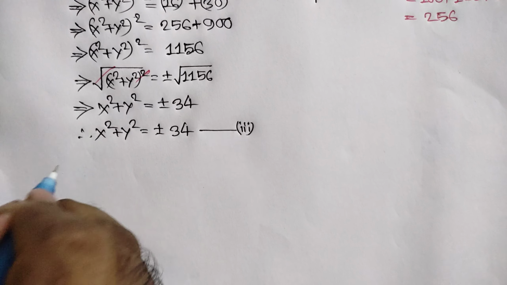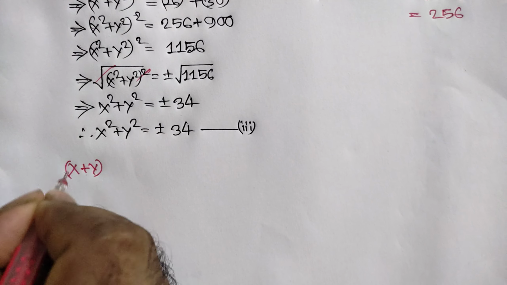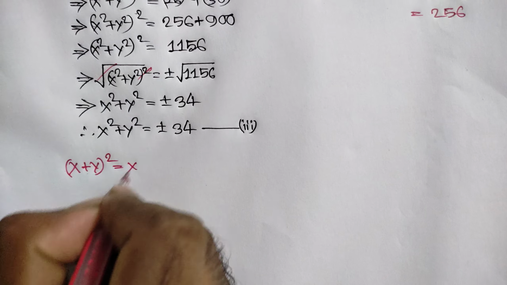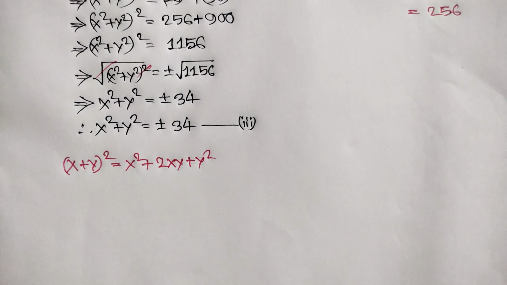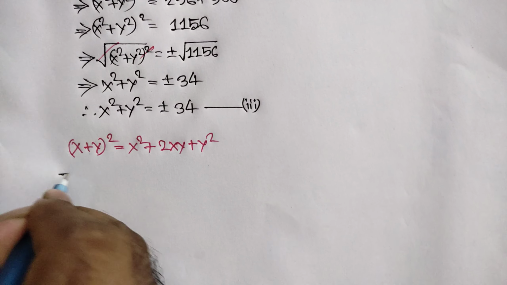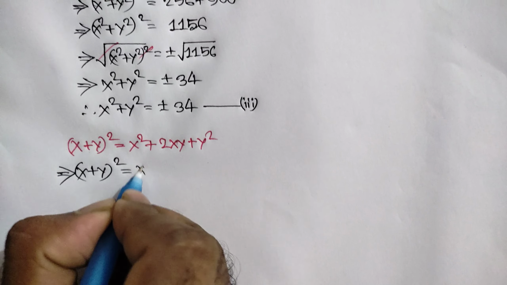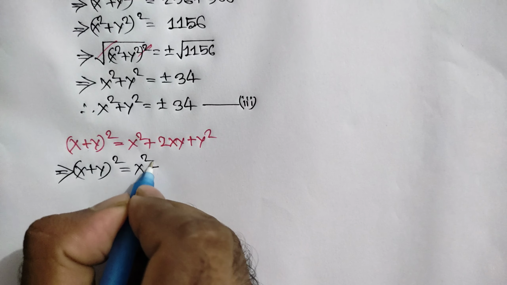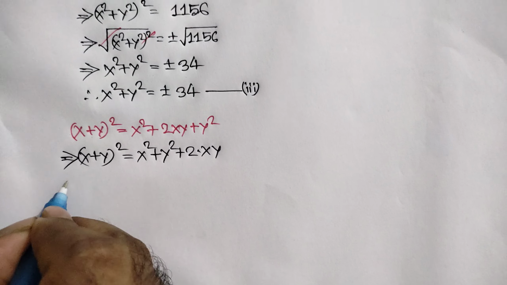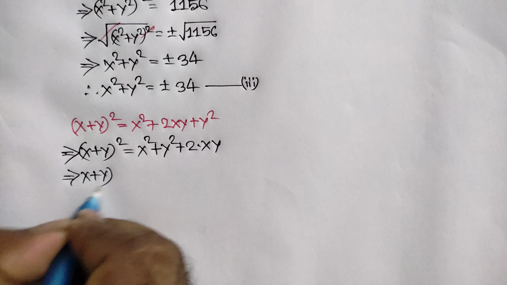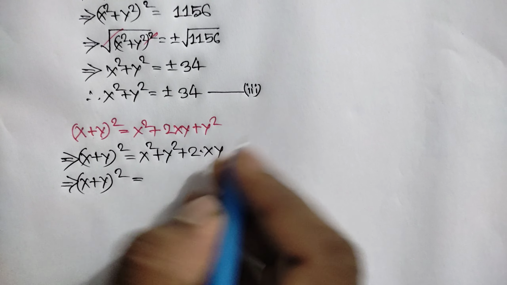Now we know that x plus y whole square is equal to x square plus twice xy plus y square, or rearranging the right side, we can write x square plus y square plus 2 times xy. x square plus y square is equal to plus minus 34 from equation 3.